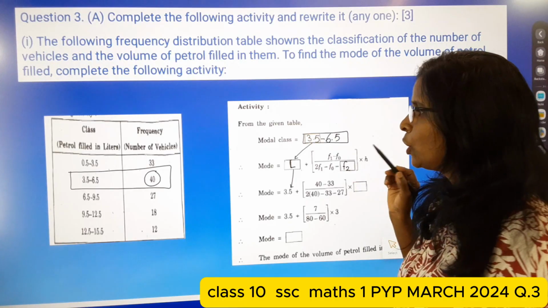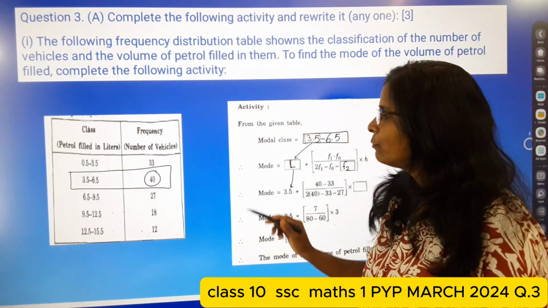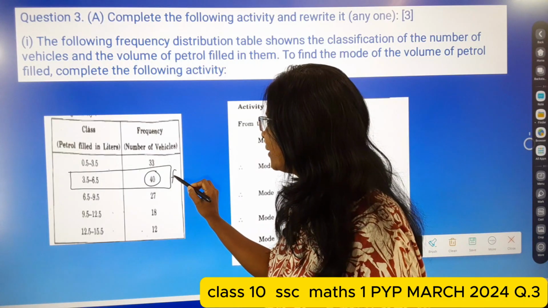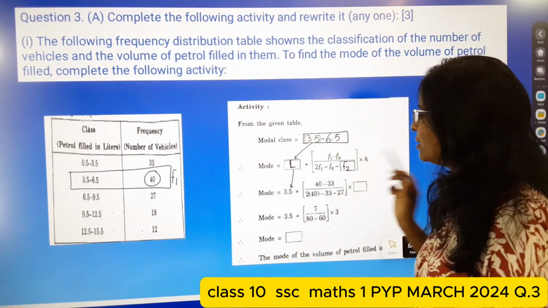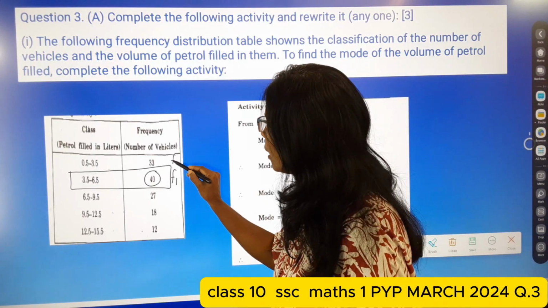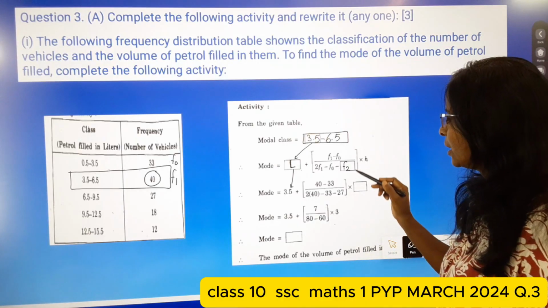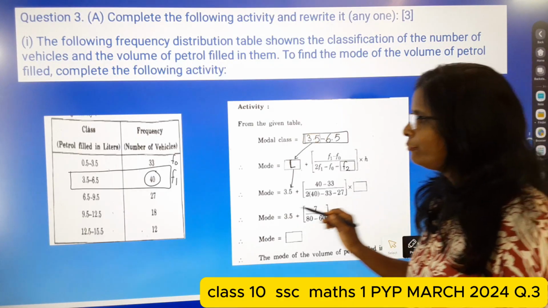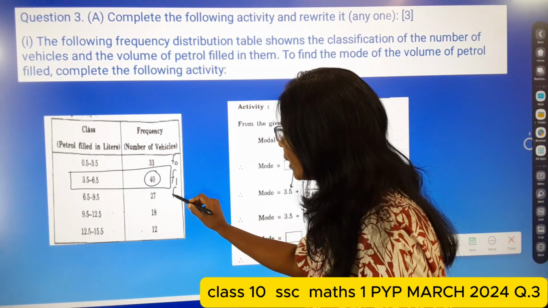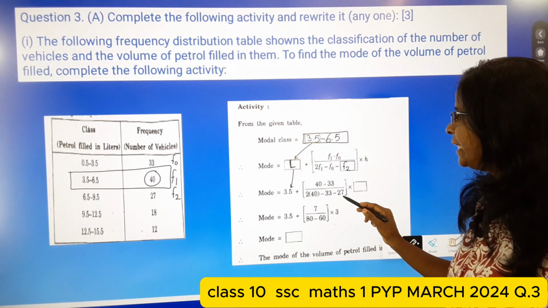Now the F1. What is the F1 students? F1 is the frequency related to the modal class. F0 is the frequency previous to the modal frequency, and F2 is the frequency after the modal frequency, and that will be 27.